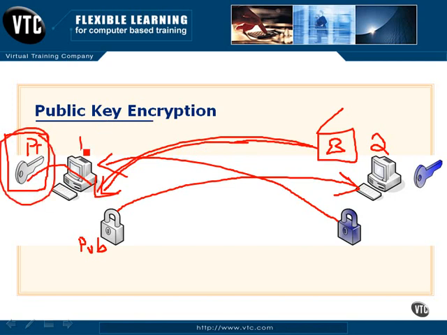And any responses that I need to send back to computer 2 will be encrypted using computer 2's public key. And again, it could only be decrypted with computer 2's private key.